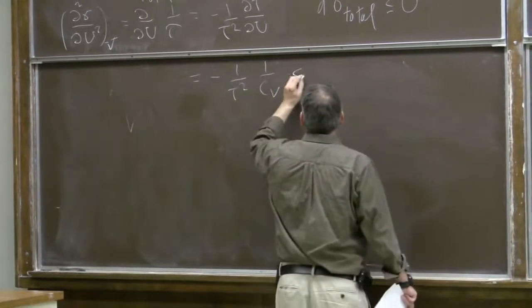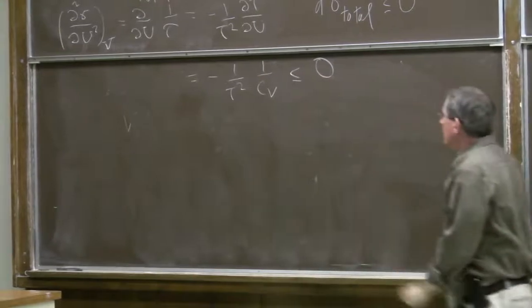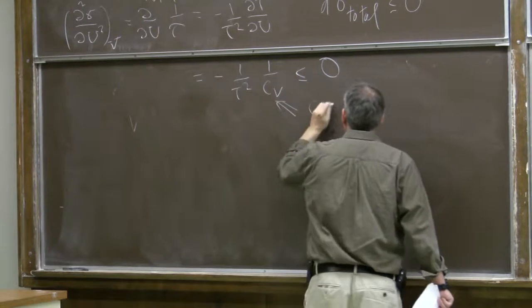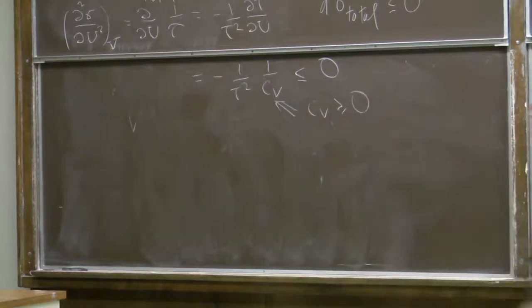We want that to be non-positive, so that requires the heat capacity to be non-negative for stability. That's the same kind of argument.